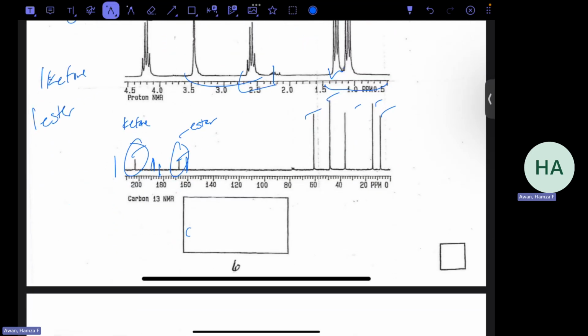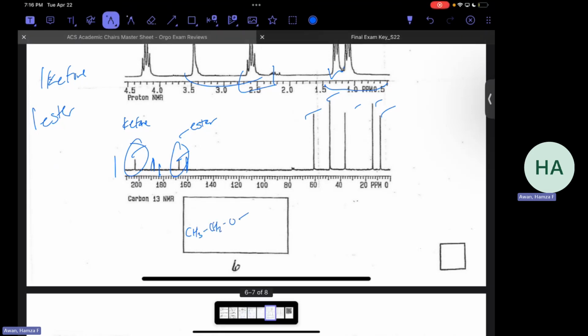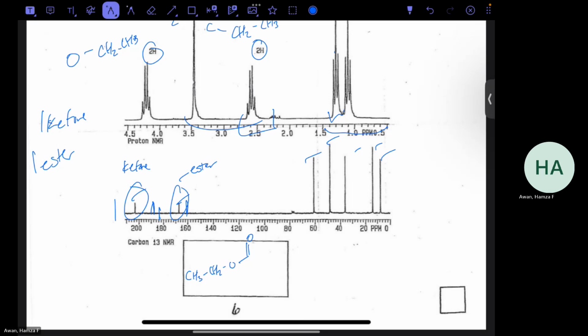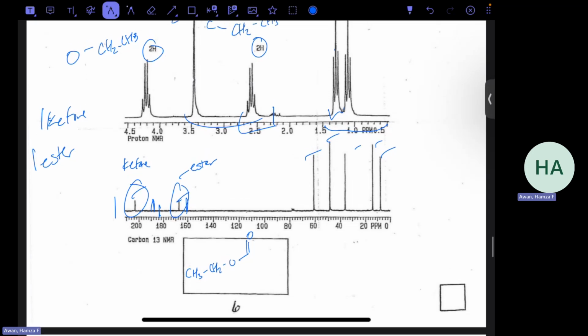So in the box, we'll put the CH3, CH2O. So that's 100%. And then we can even go as far as putting this, because we know we have an ester, right? That's the only way we have it. It's not an ether, and it's not going to be connected on the ketone side, so it's an ester.